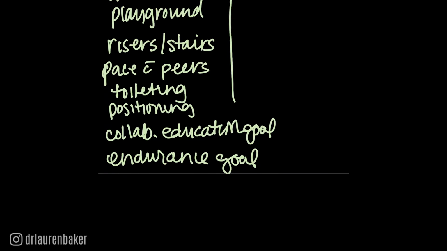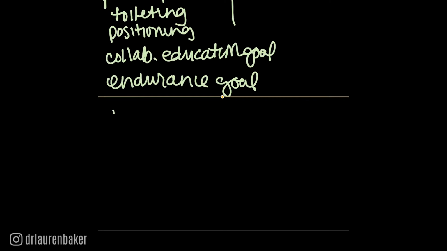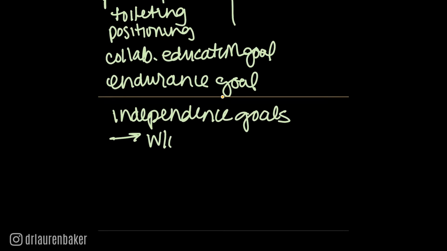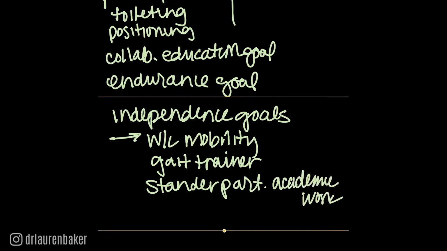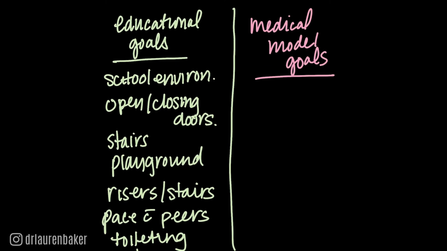They're not just getting out. They're basically just slumped over in their chair and they're not able to hold their posture against gravity. These could be independence goals, wheelchair mobility, using a gait trainer, using a stander maybe to participate in academic work. We've got a bunch of ideas essentially for education goals.